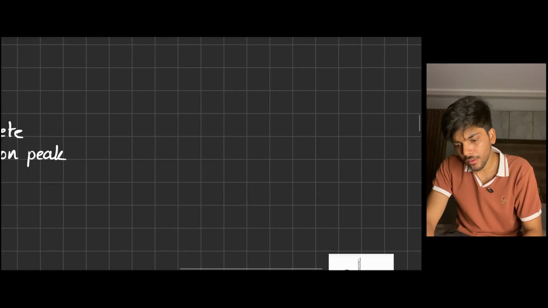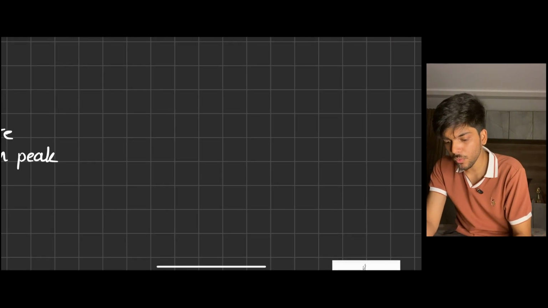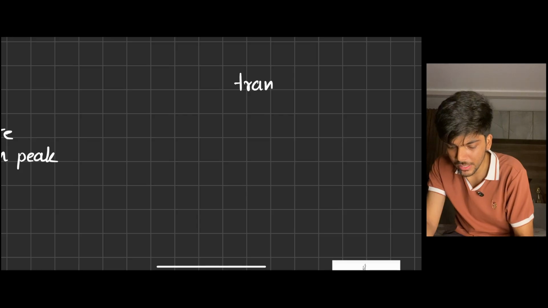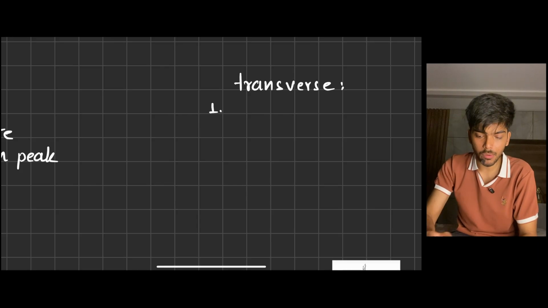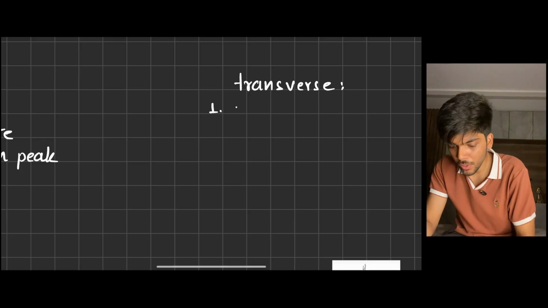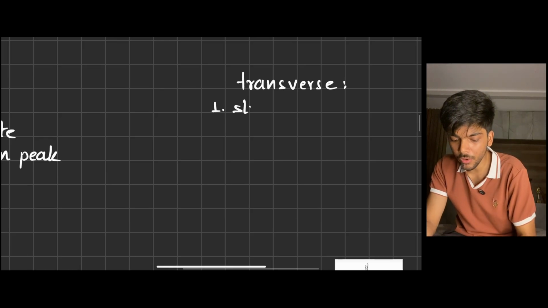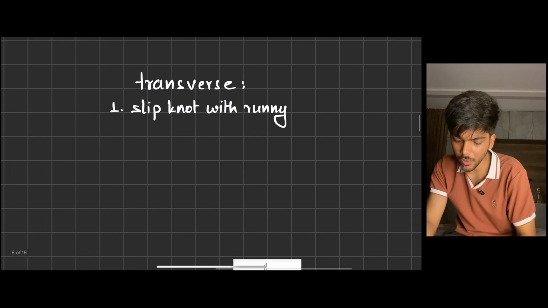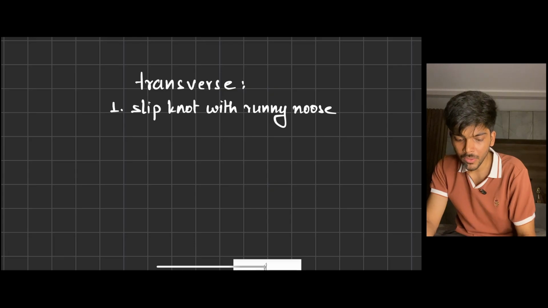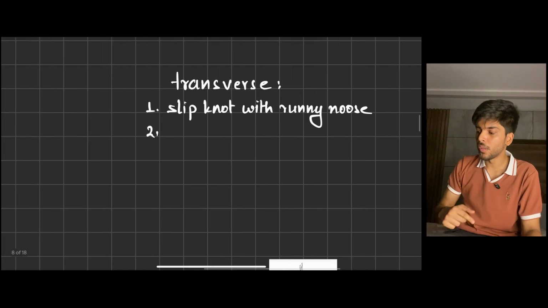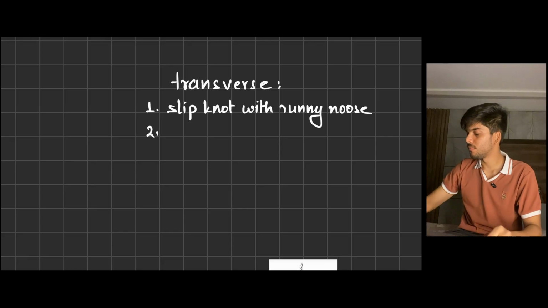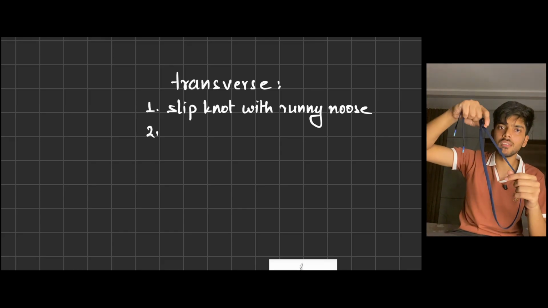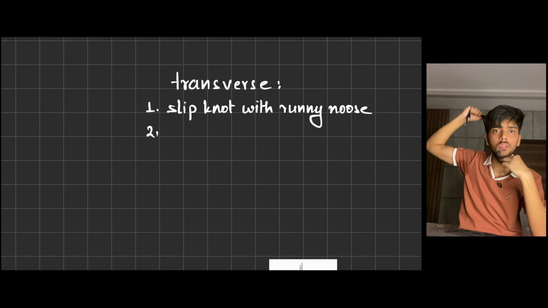But then there are conditions where you get a transverse ligature mark. And there are 2 conditions where you get a transverse ligature mark. Number 1, when you have a slip knot with a running noose, as I showed earlier. And number 2, when the point of suspension is low. See, this is a fixed knot with a fixed noose, okay?